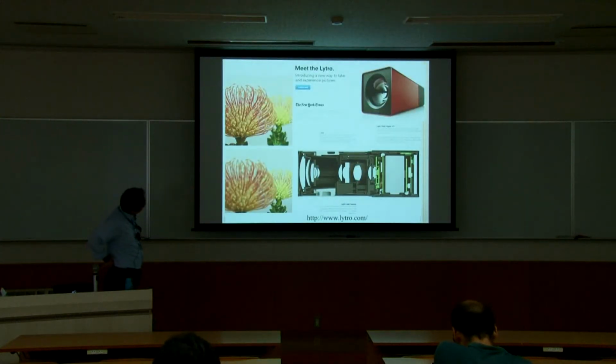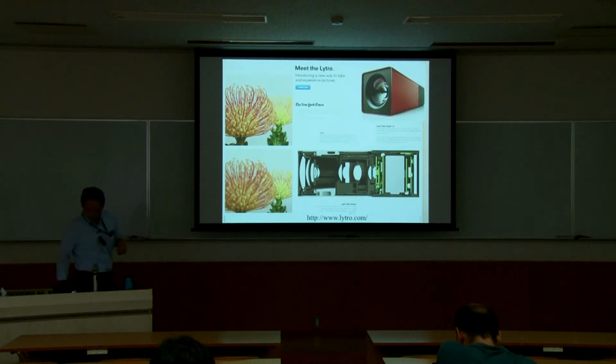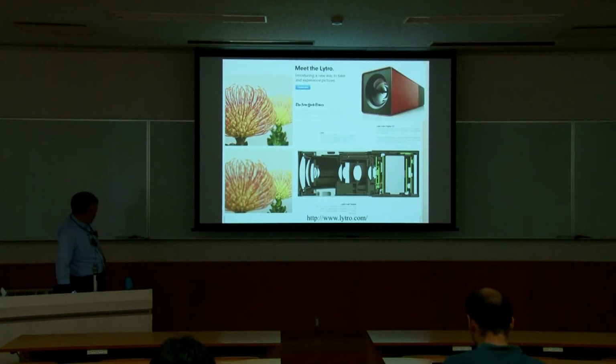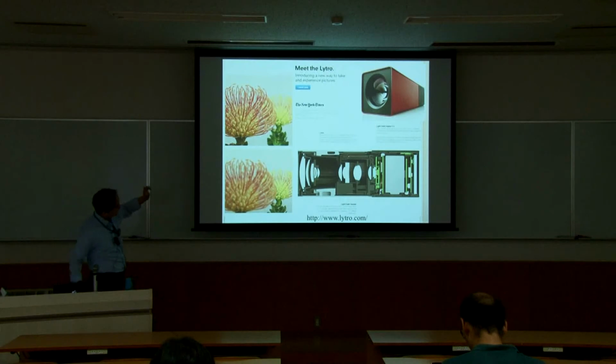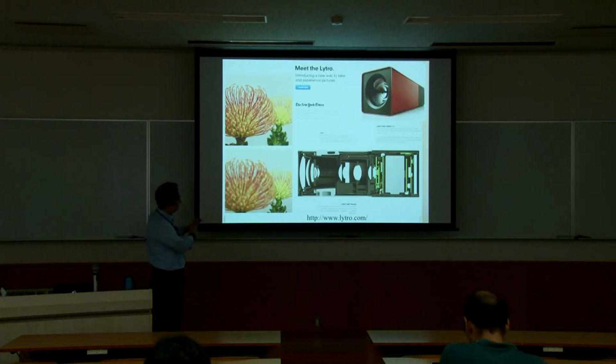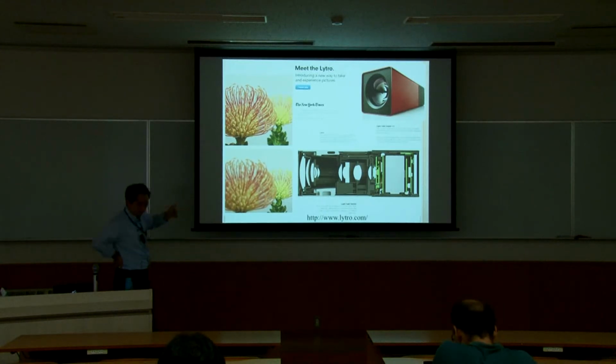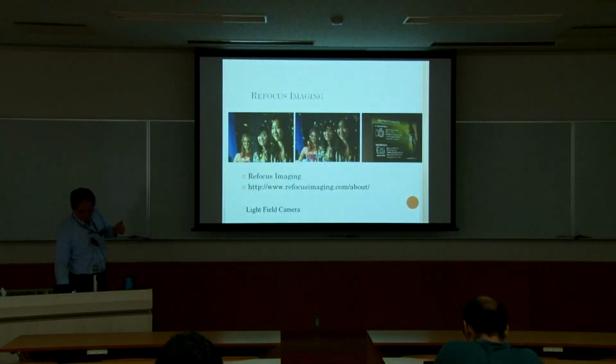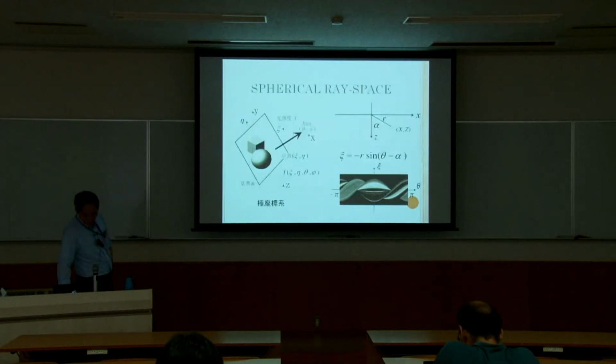As you may know, Lytro produced this kind of light field camera in about 2005 or 2006. They are from a Stanford University group. They used this light field or ray space theory for this camera. And this is a refocused image.